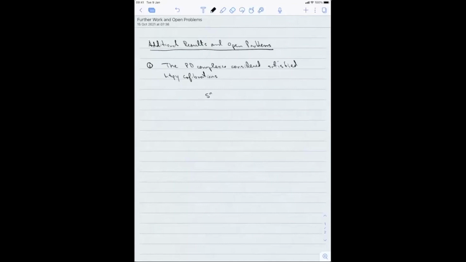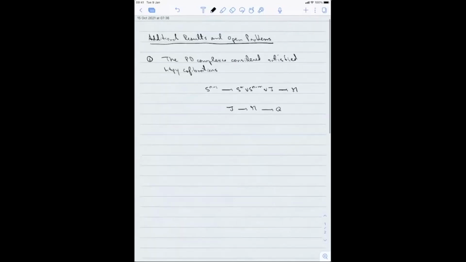You have an attaching map for a top sphere, mapping to an n-1 skeleton, which looks like a wedge of two spheres in some space J. And this J, when you include it into M and collapse it out to get a space Q, Q looks like, cohomologically at least, a product of two spheres.